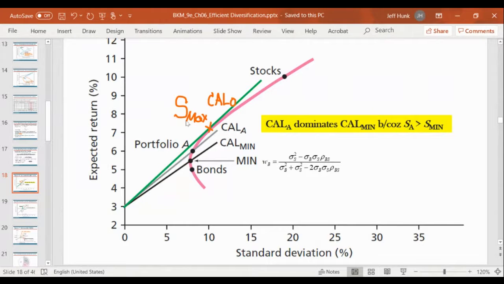This is the maximum Sharpe ratio we can get, and this capital allocation line is not 0, this is O, for optimal portfolio, the optimal capital allocation line.